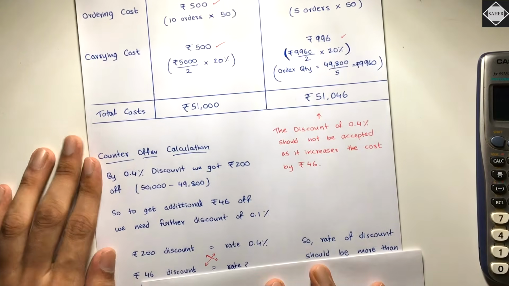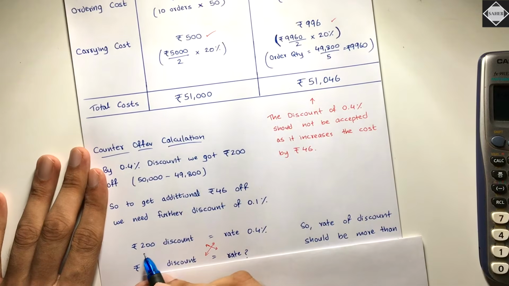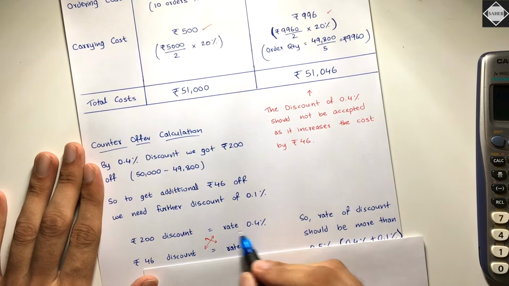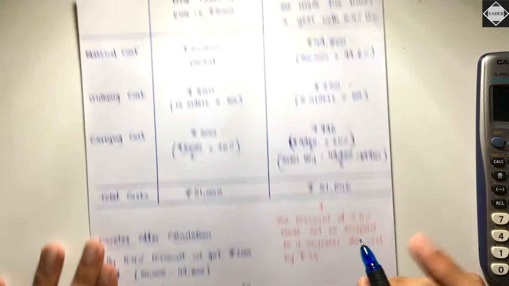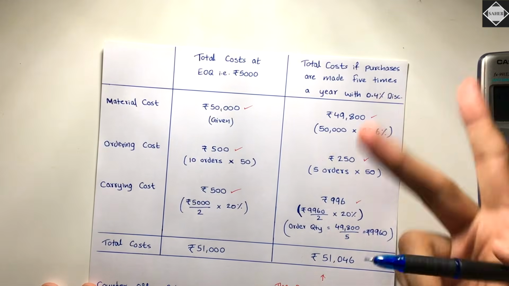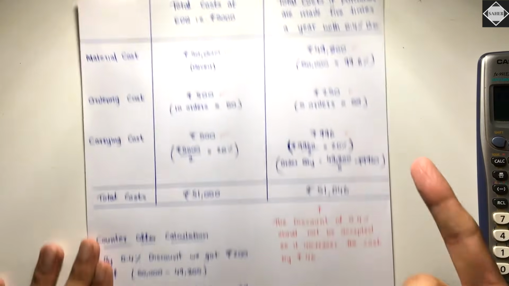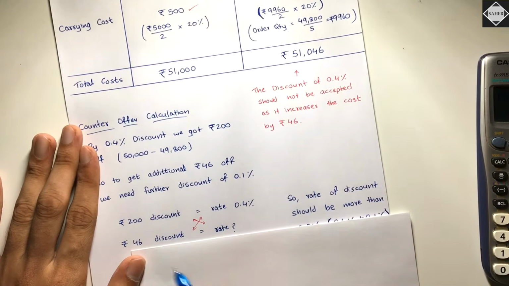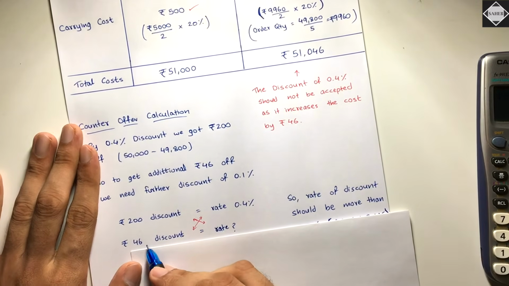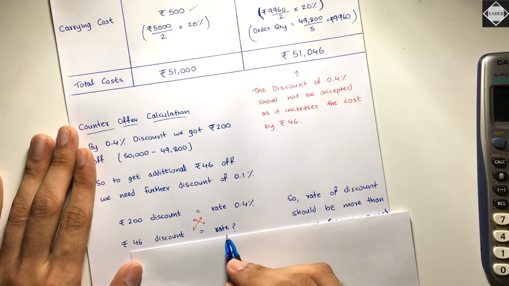It's really simple. See here, for 200 rupees discount, the rate was 0.4%. At 0.4% rate, we got 200 rupees off. So now we have to calculate to get additional 46 rupees off, what should be the additional rate?